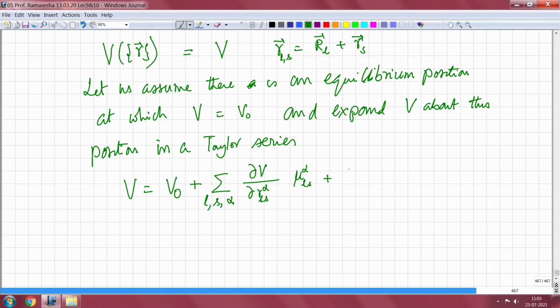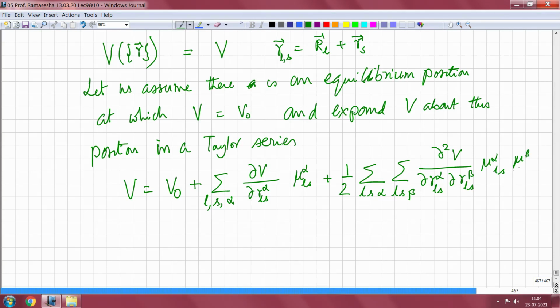and then I can also write down plus 1/2 of sigma over Ls alpha, sigma over L prime S prime beta, del squared V upon del R Ls alpha, del R L prime S prime beta, times u alpha Ls and u beta L prime S prime.